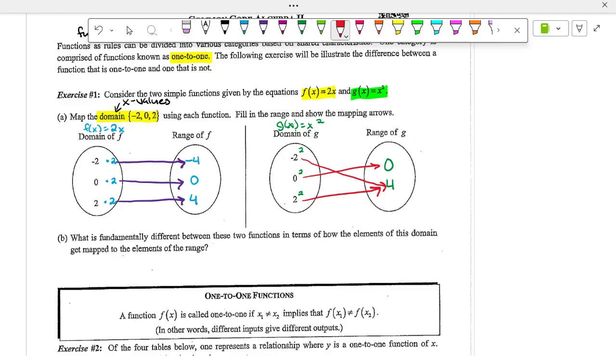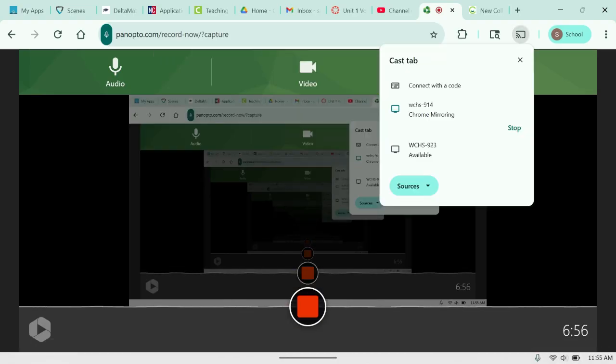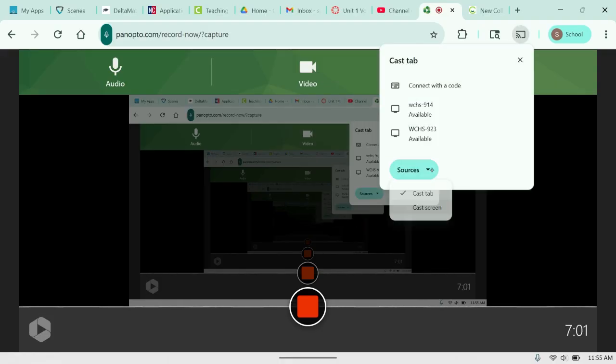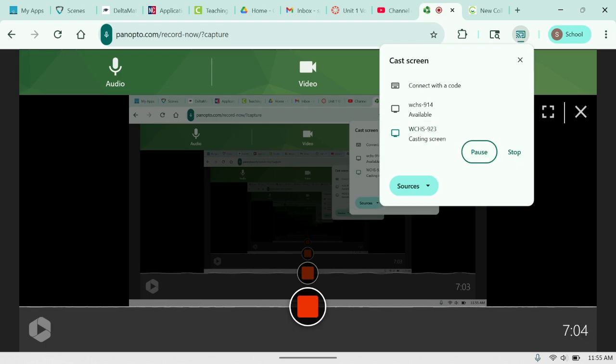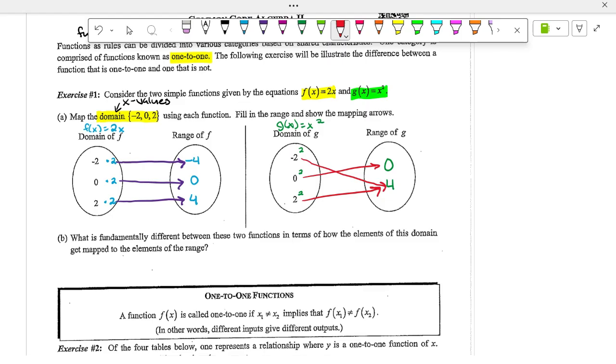All right. So, what is fundamentally different between these two functions in terms of how the elements of the domain get mapped to the elements of the range? What's the main difference between what's being mapped to this range and what's being mapped to this range?